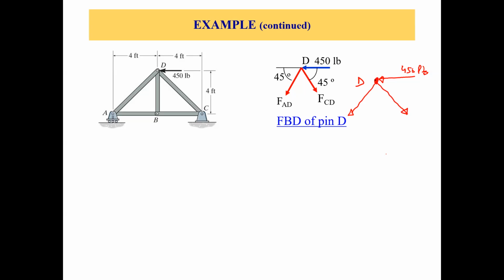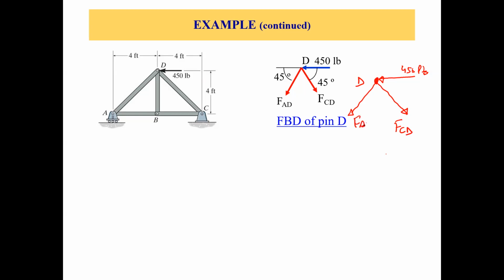As I said, you should take tensile force in all the assumed forces, right? Unless you can make out that it's a compression force, but take tensile force in everything.